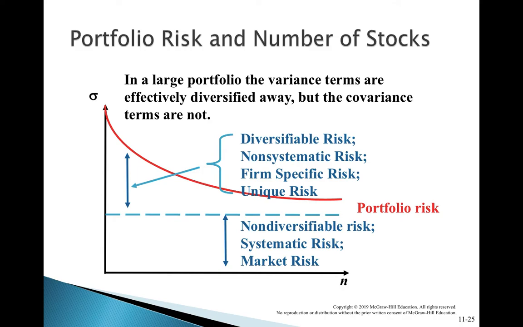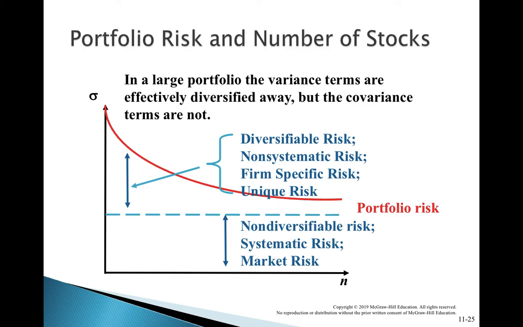That means after that particular level, there is no firm-specific risk present in the portfolio. There is no diversifiable risk present in the portfolio. That is completely reduced, minimized. What remains? The systematic risk remains. The market risk remains. Non-diversifiable risk remains, which cannot be reduced.